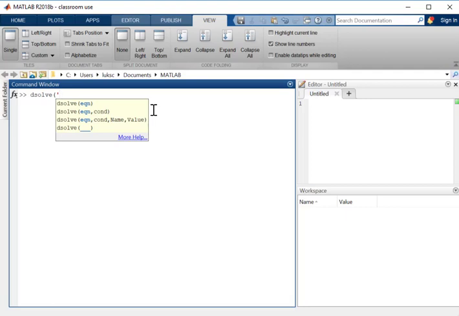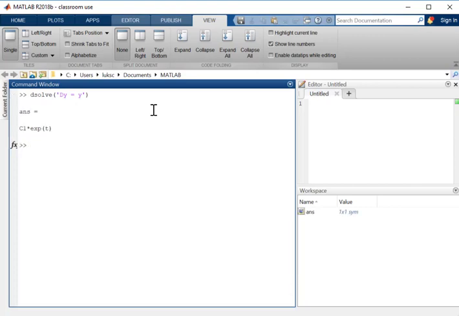Now the equation is going to use a capital D to represent the d dx, or if it had been dt or whatever your variables are. It sort of doesn't matter. The independent variable is immaterial at that point. Okay, so the derivative of y is equal to y is my equation to solve, and when I do this, it gives me the answer, c1 times e to the t.